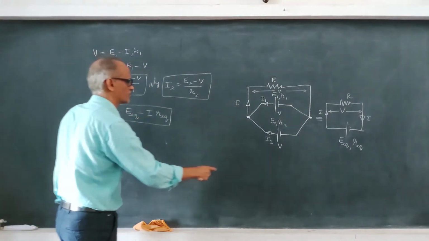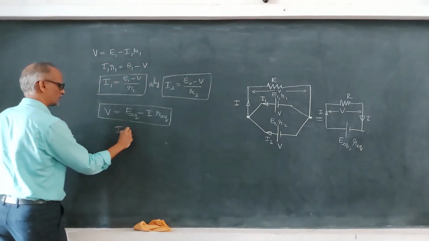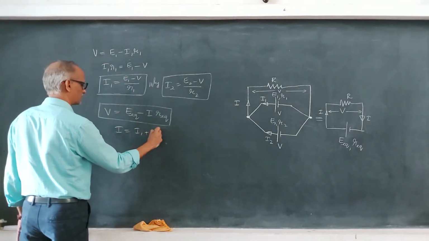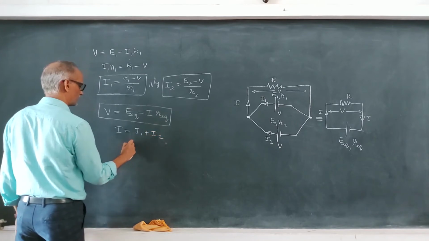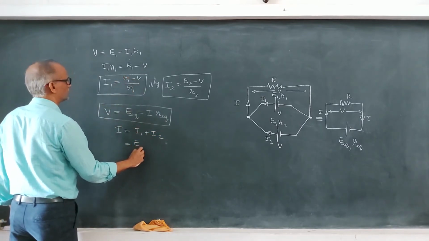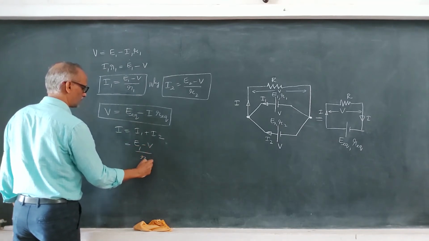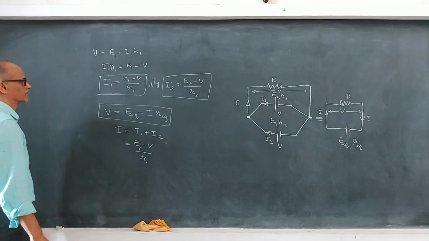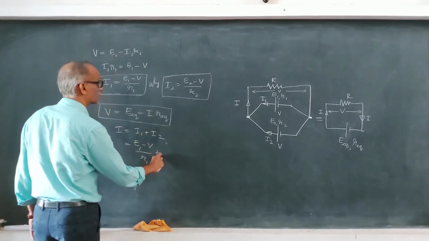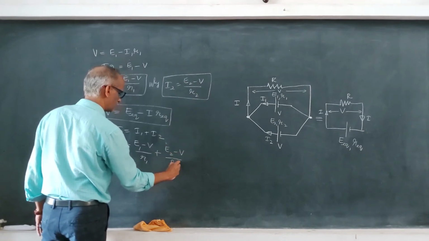When we add these two branch currents, we get the main current I. So I is equal to I1 plus I2. What is I1? I1 is E1 minus V by R1 plus E2 minus V by R2.